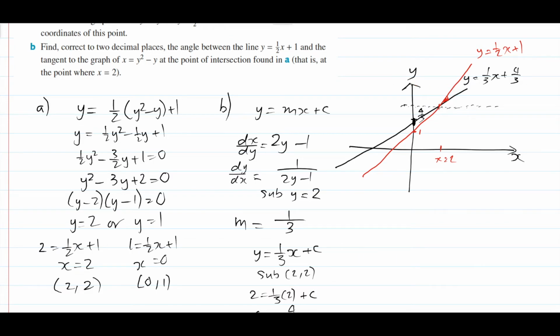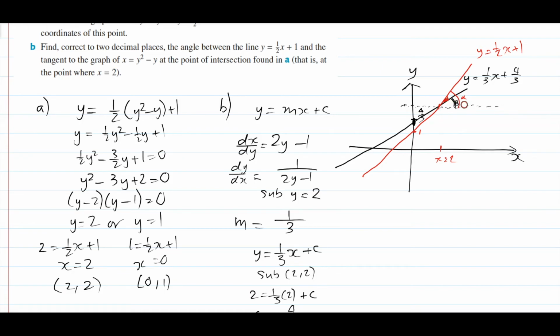So the big angle, I'll put it in red as well. So this angle right here, we'll call that alpha. And then we need to find this black angle, which is the angle between the horizontal line and the tangent line. So this one right here, and I'll call that beta, okay? You name it whatever you like, but alpha and beta. If you go alpha minus beta, then that would give you the angle in between.